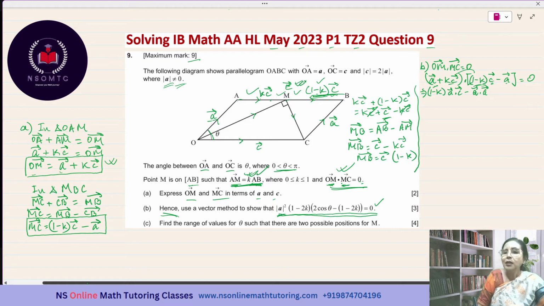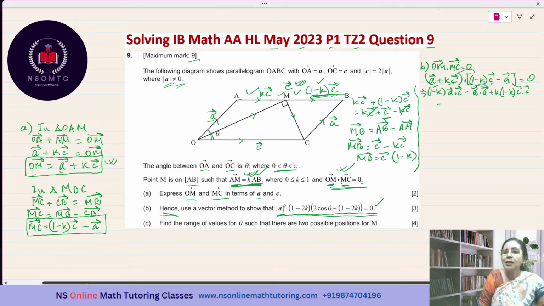So it is plus k times 1 minus k, and now it is the dot product between the two C vectors. And finally, it is minus.